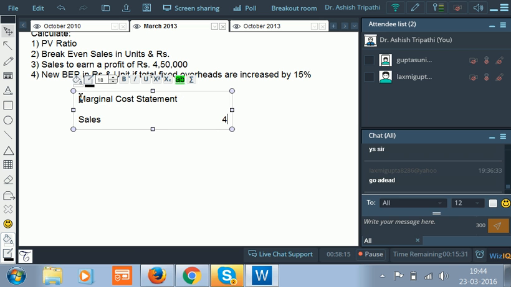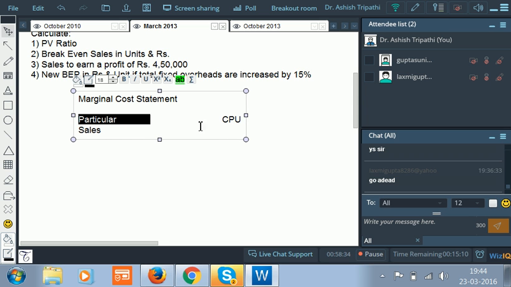Sales. Let us have two columns, particular and CPU.